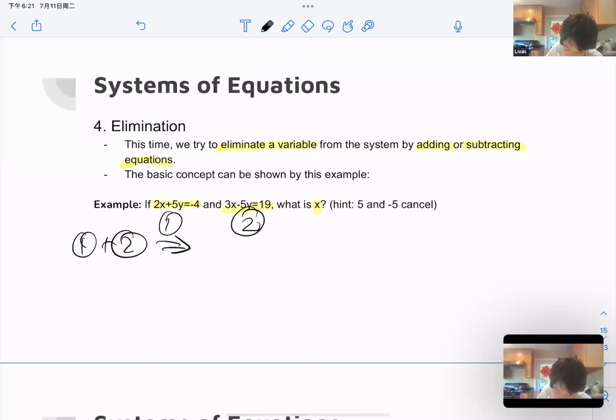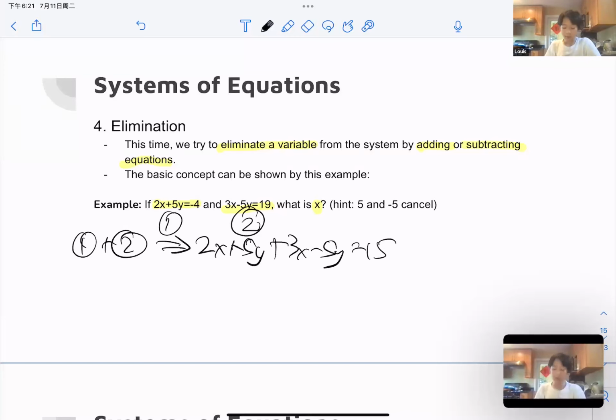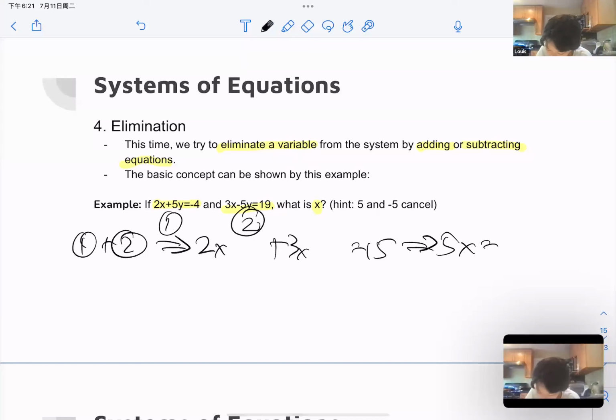This gives us 2x plus 5y plus 3x minus 5y equals 15, because 19 plus -4 equals 15. And then since the plus 5y and the -5y cancel, we can just cancel them. And so this gives us 5x equals 15. So x equals 3.